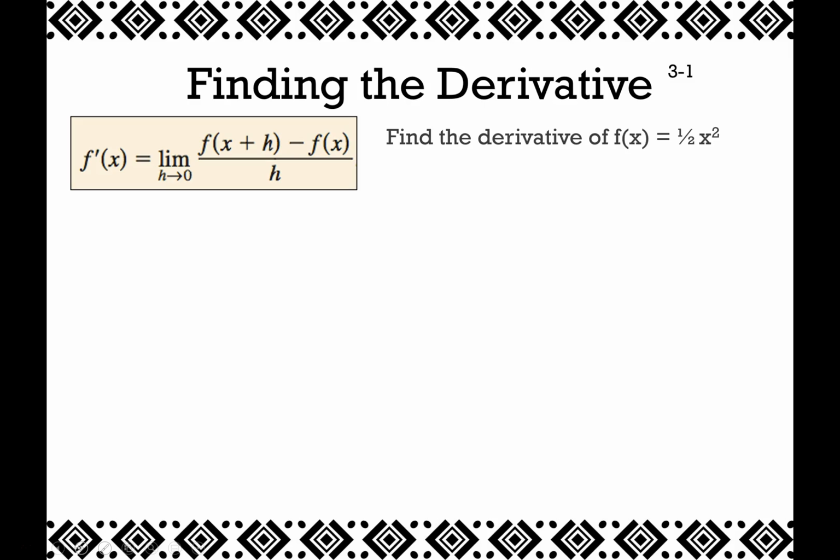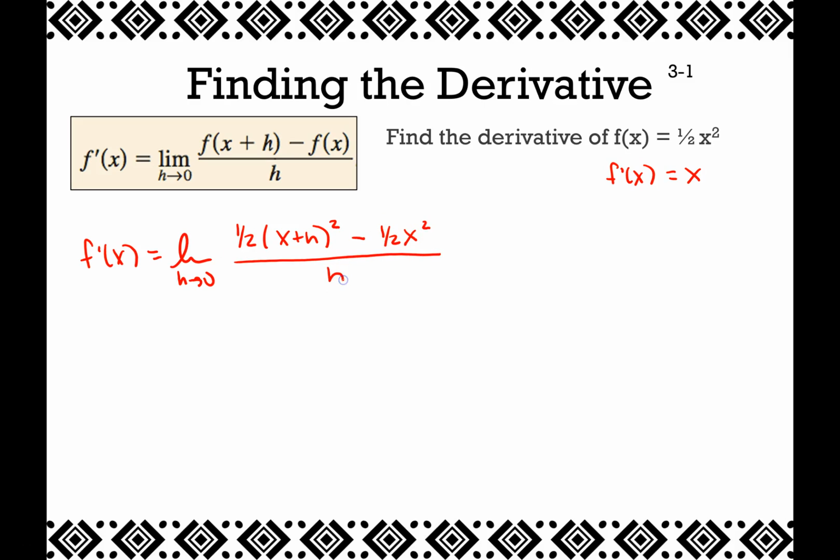All right, next one is we're going to find the derivative of f of x equals 1/2 x squared. And maybe you're starting to see a pattern, I don't know. But f prime of x here, I know the answer is going to be just x. And let's see if that's true. I'm hoping it is, cross my fingers. So f prime of x is equal to the limit as h approaches 0. I'm plugging in x plus h, so I get 1/2 x plus h quantity squared minus 1/2 x squared all over h.